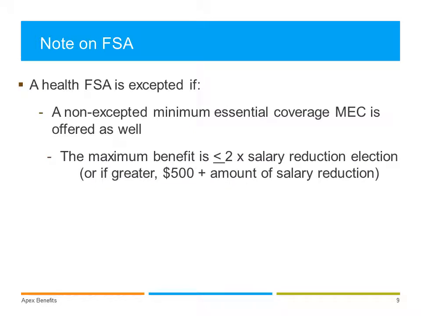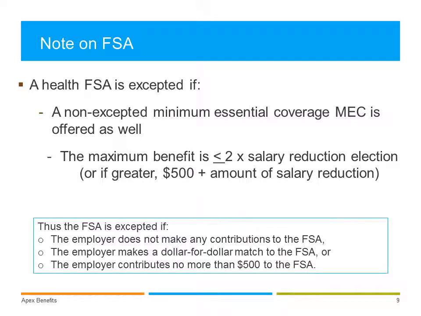Also, the maximum benefit of the FSA must be equal to or less than 2 times the salary reduction election, or if greater, $500 plus the amount of the salary reduction. So, the FSA is accepted if the employer does not make any contributions to the FSA, the employer makes a dollar-for-dollar match to the FSA, or the employer contributes no more than $500 to the FSA.